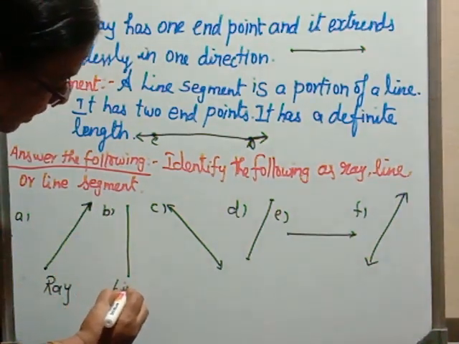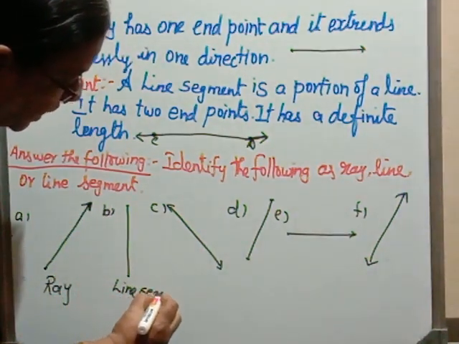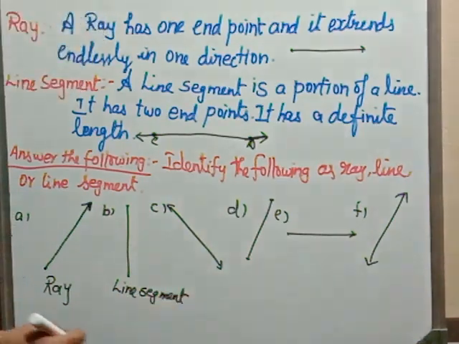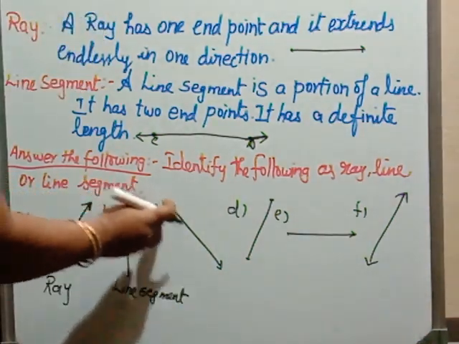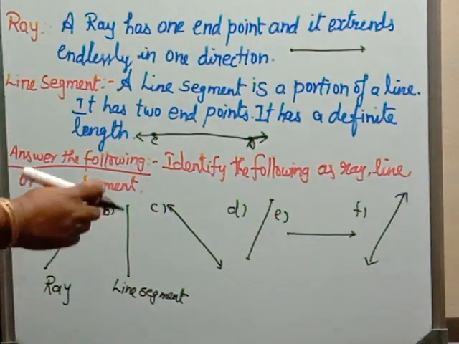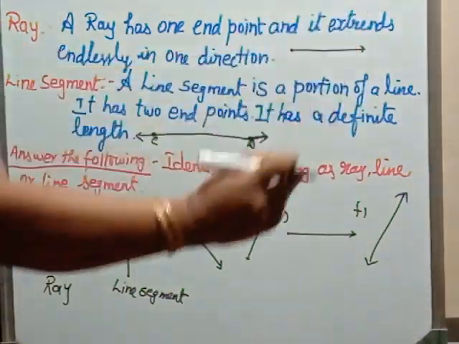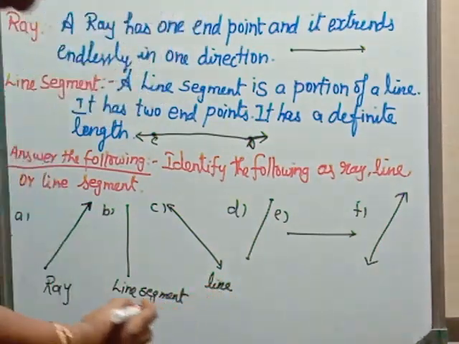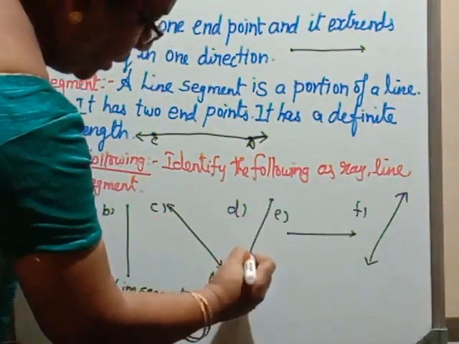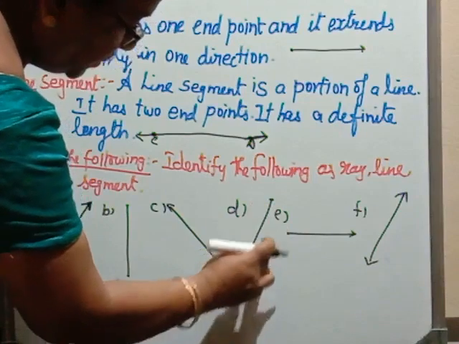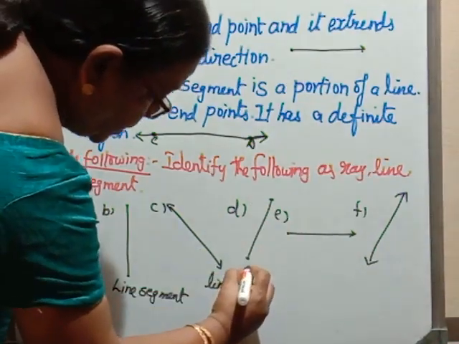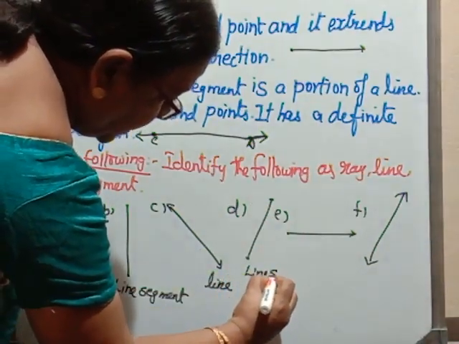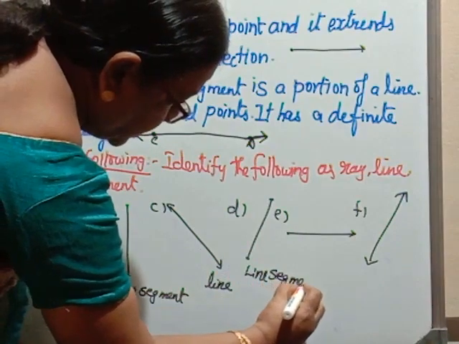It is called a line segment. See the C sum, both sides we have got arrow marks. That means we can extend endlessly in both directions. So it is called a line. Here D, both the edges have end points. So this is called a line segment.